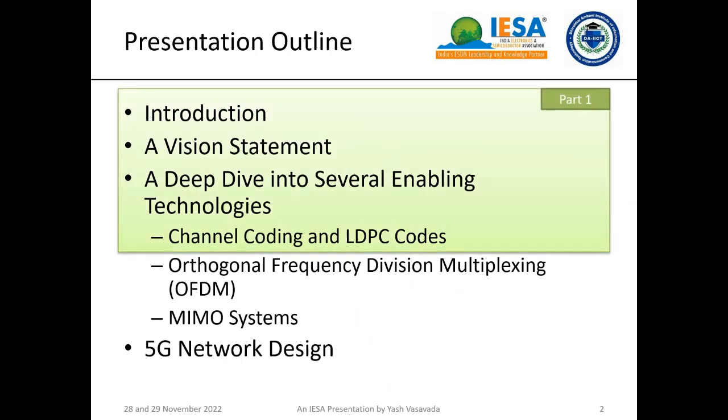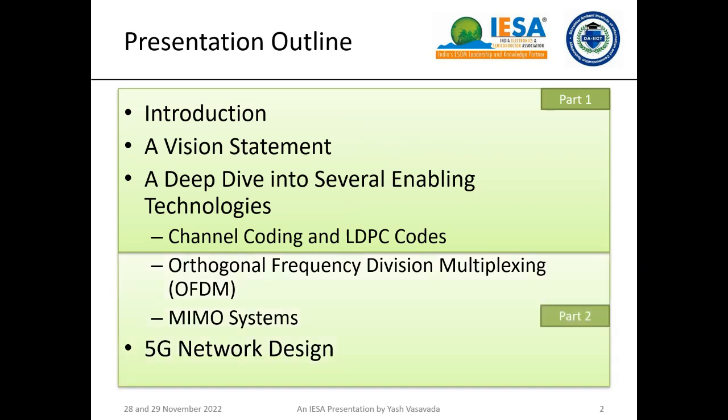So the way I have planned it is that the first few sections that are outlined here, I'll be covering today. And then tomorrow I'll be covering the topics of OFDM, MIMO, and 5G networks.